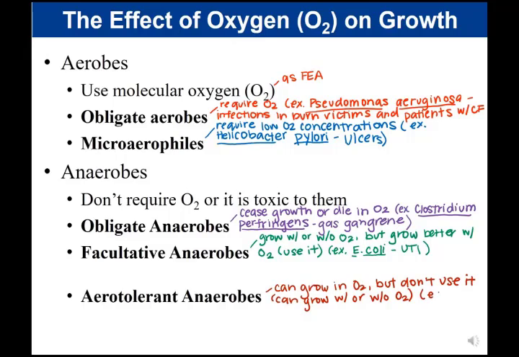Examples of aerotolerant anaerobes would be Streptococcus pyogenes, which causes strep throat, and these organisms are strict fermenters.